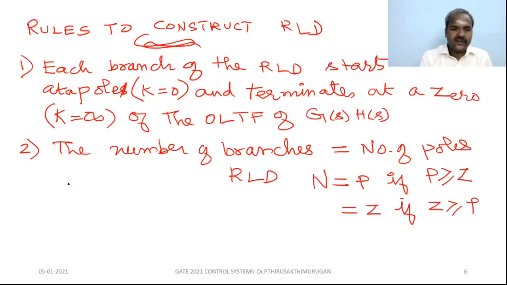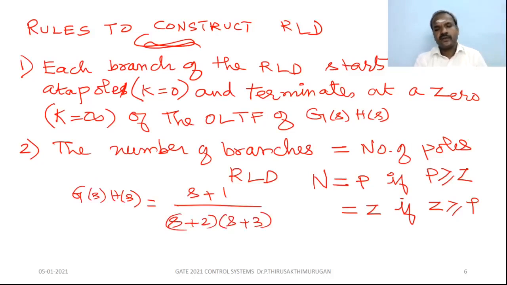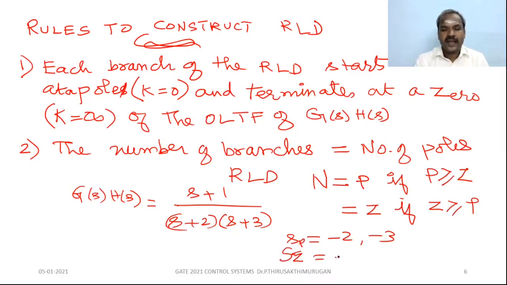Another condition. Let us take one example. G(s)H(s) equals (s plus 1) divided by (s plus 2)(s plus 3). In this transfer function, the poles are at s equals -2 and -3, and the zero is at s equals -1.